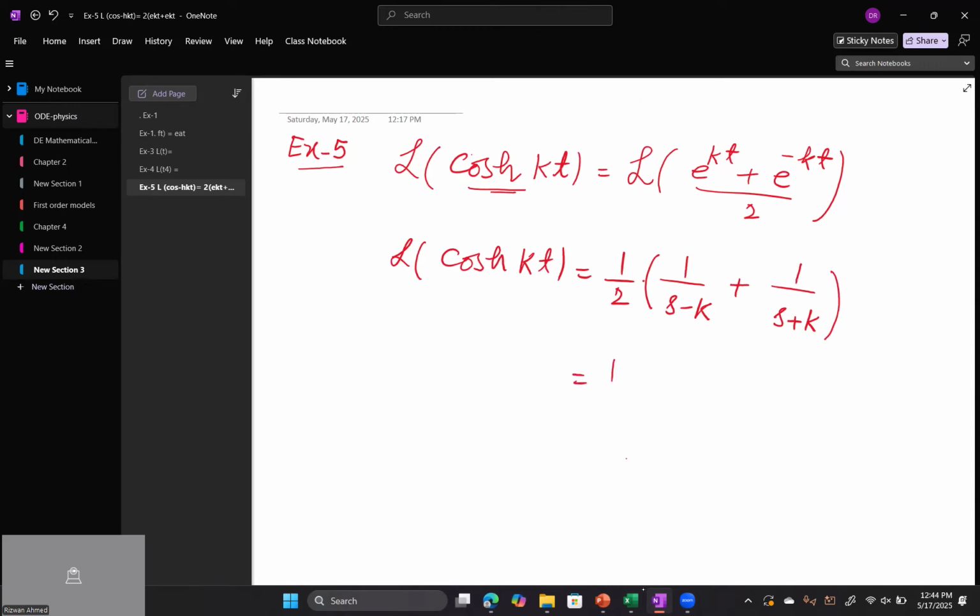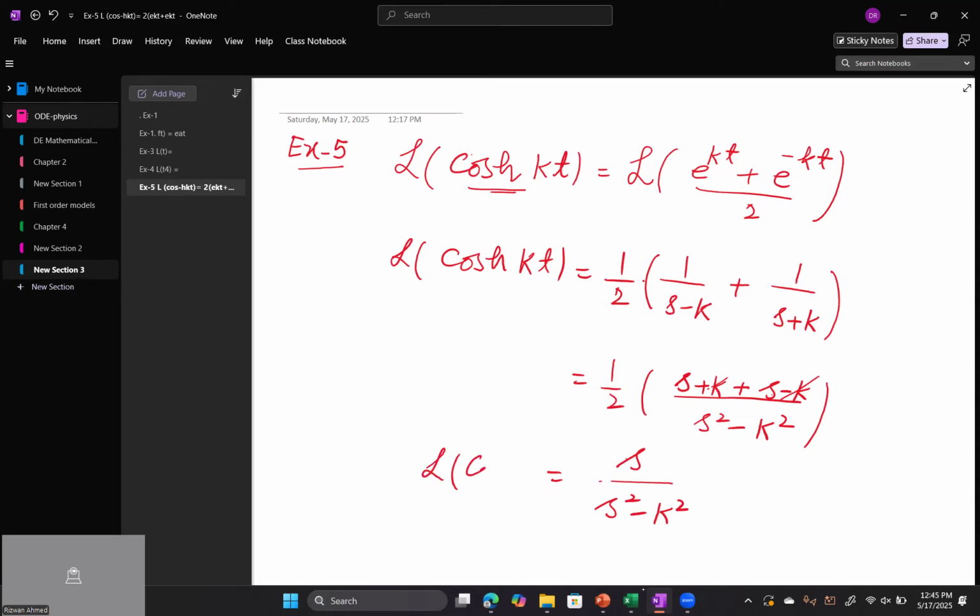So very simple. Then it's a matter of calculating the LCM. So s squared minus k squared. This will be s plus k plus s minus k. So k will get cancelled, and ultimately it will become s over s squared minus k squared. So this is the Laplace transform of cos hyperbolic kt.